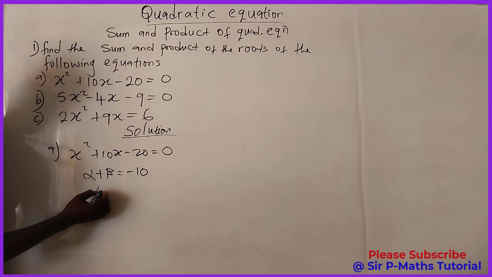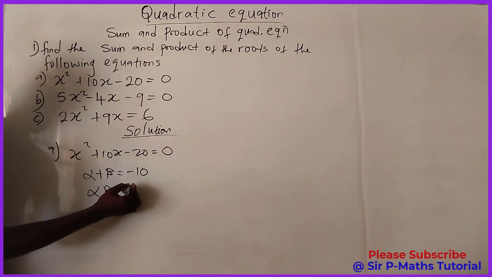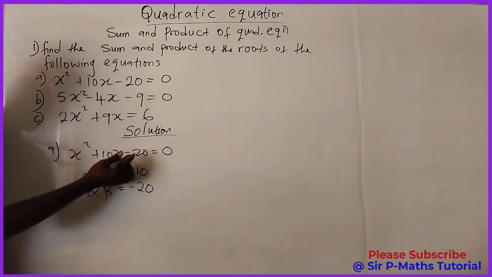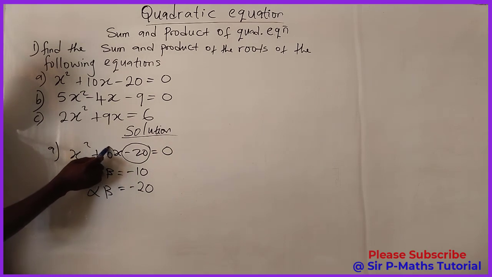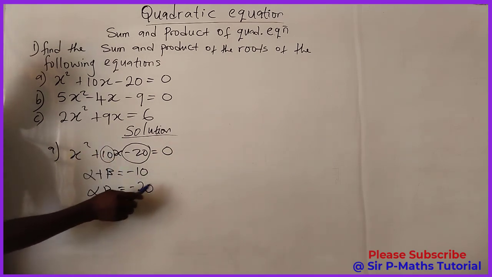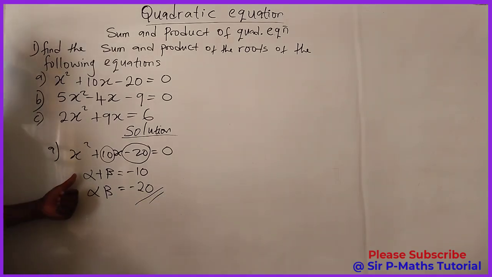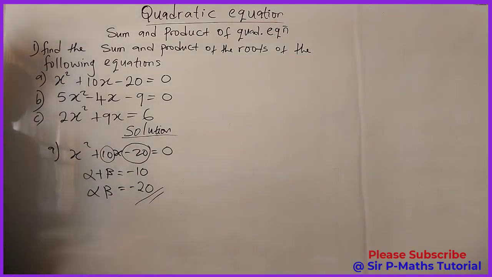Then the product, alpha beta, is the constant, which is minus 20. We take it the way it is here. Now, this one is a positive 10, but we take the additive inverse. So this is the sum and product of this quadratic equation.